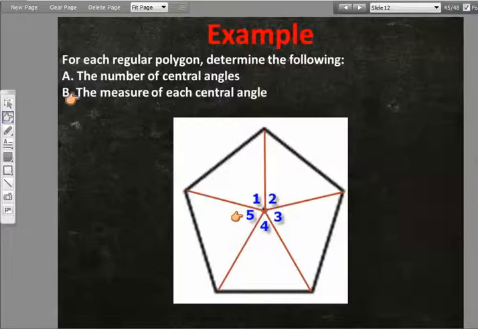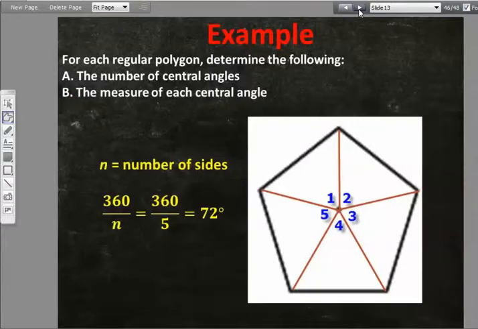Now let's figure out what the measure of each central angle is. Remember, n is going to be my number of sides. So you're going to take 360 divided by n. N happens to be 5 because this is a pentagon. 360 divided by 5 is going to give you 72 degrees. So finding the measure of the central angle is pretty easy.